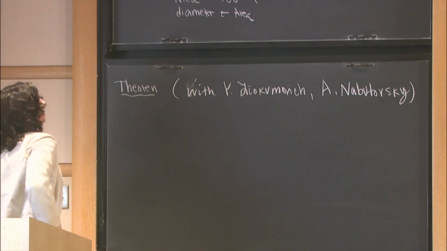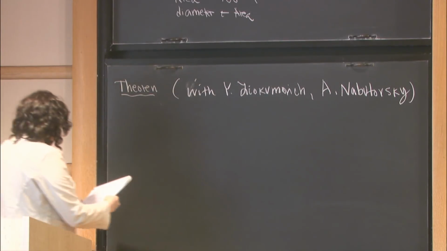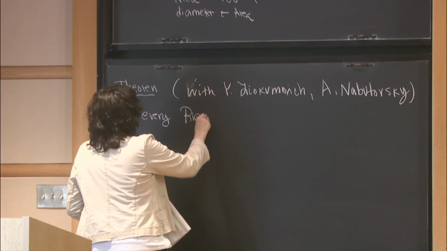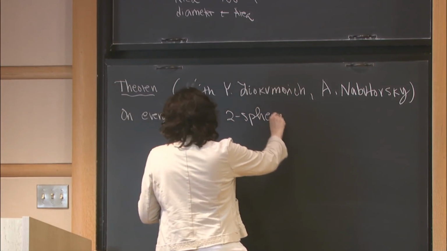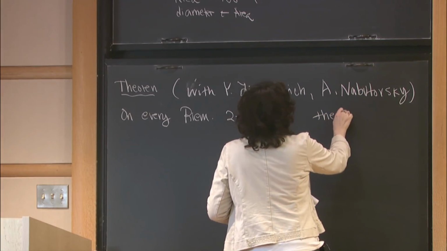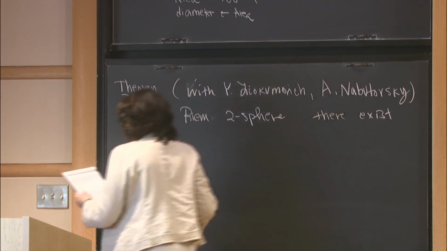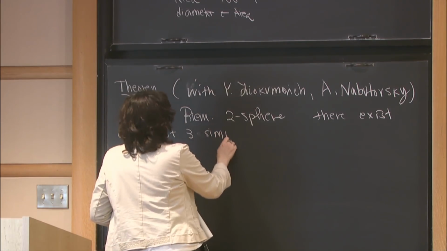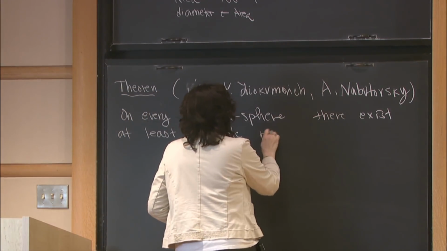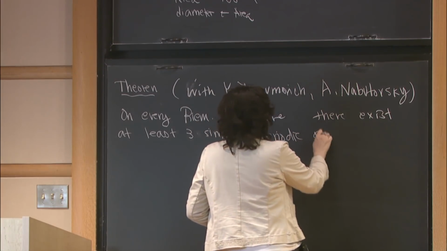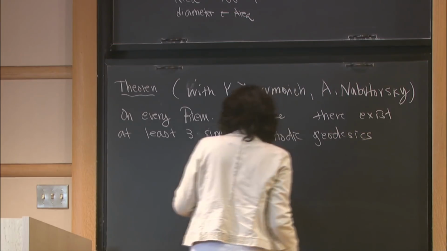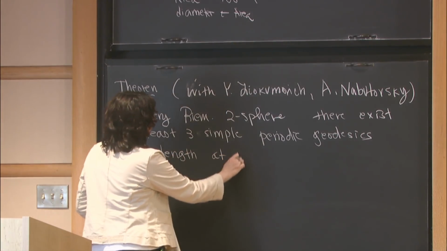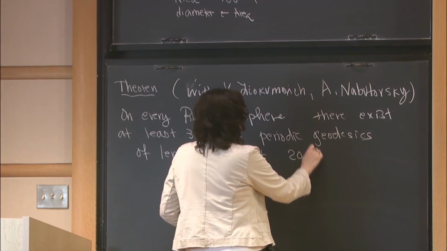That in some ways one can view as an effective version of the theorem of Lusternik and Schnirelmann, that on every Riemannian two-sphere there exist at least 3 simple periodic geodesics of lengths at most 20 times the diameter.